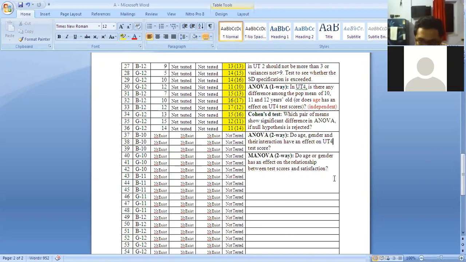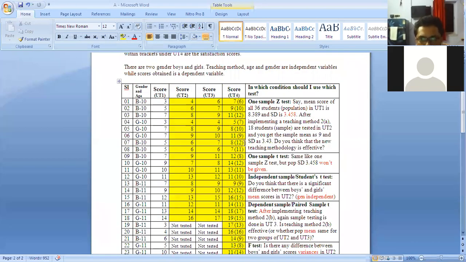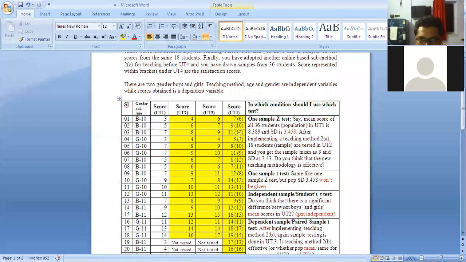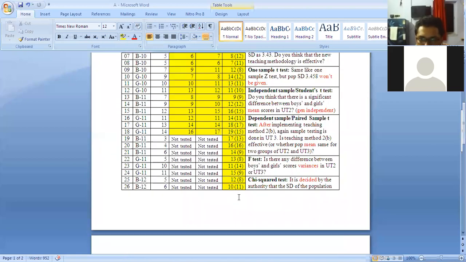So now finally we'll look at the MANOVA. MANOVA starts from two-way MANOVA, three-way MANOVA, like that. MANOVA cannot be one-way MANOVA, because if there is one dependent variable and one independent variable, it will simply become a one-way ANOVA. Here suppose in unit test 4, you have not only taken the test score, you have also taken the satisfaction scores. Suppose you are considering only age, not gender.